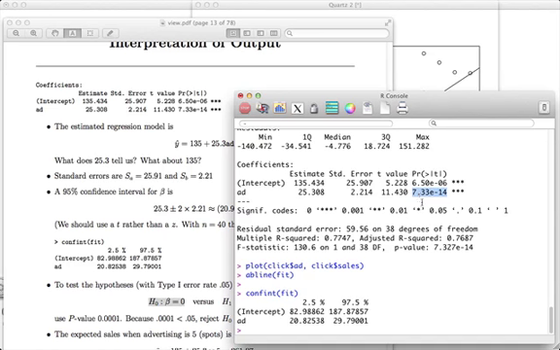What that's really saying is that if the null hypothesis were true, the chance that we would observe a sample that gave us a slope this large or larger is essentially impossible. One chance out of 10 to the 14th or 15th, whatever that is.